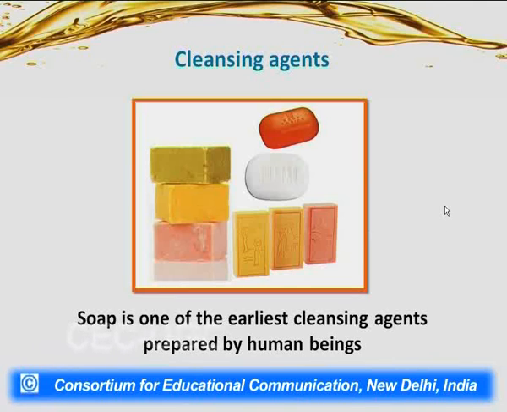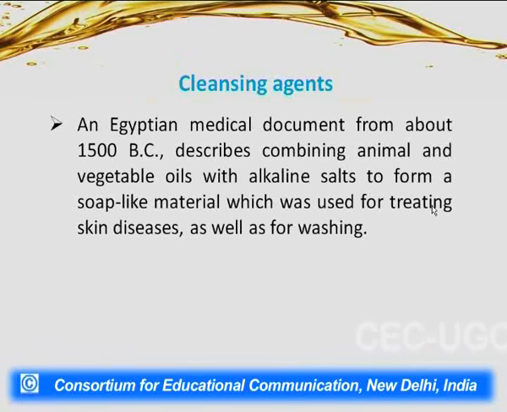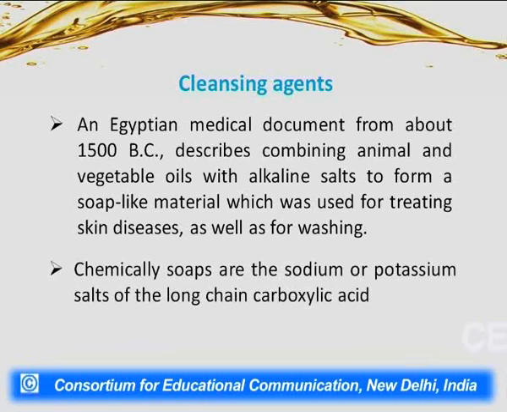Soap is one of the earliest cleansing agents prepared by human beings. As far as history is concerned, an old Egyptian medical document from about 1500 BC describes combining animal and vegetable oils with alkaline salts to form a soap-like material which was used at that time for treating skin diseases as well as for washing.